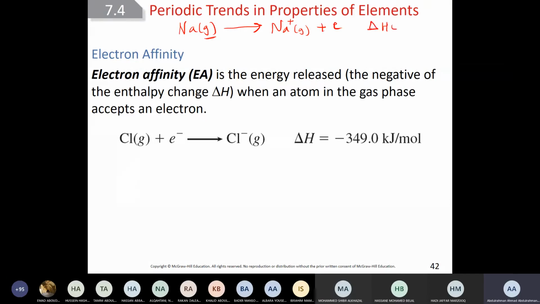Delta H is called what? Change in enthalpy. This is enthalpy, which we call IE. And it's always positive. Clear? Why is it positive?